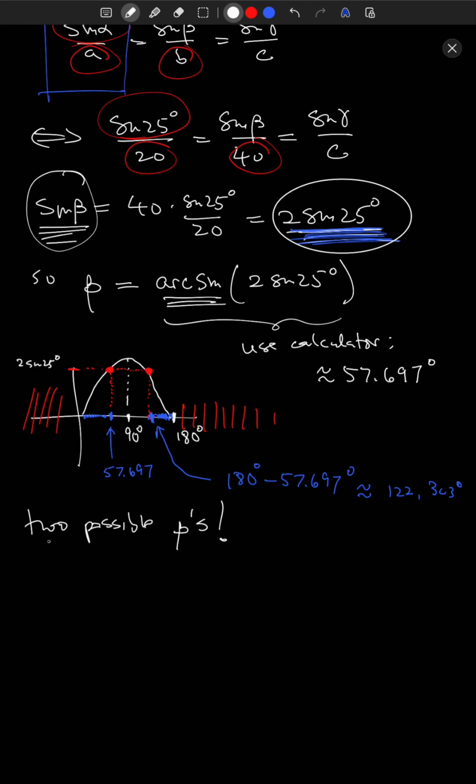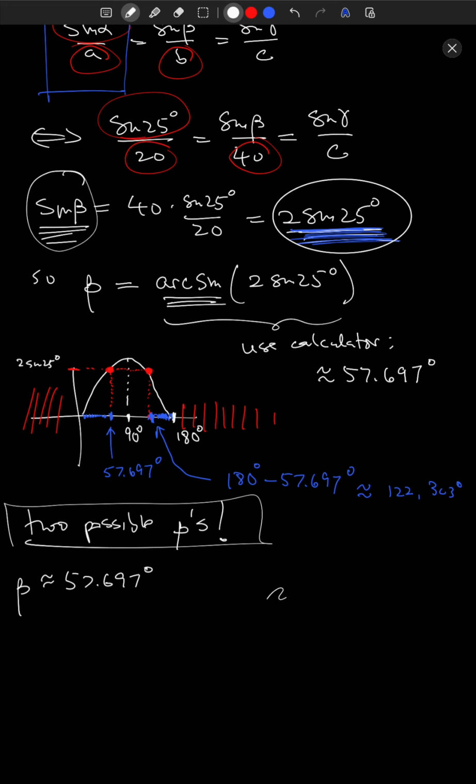All right. So there's two possible betas. Beta equals roughly 57.697 degrees, and again, I always want to put the degree symbol. And beta equals 122.303 degrees.